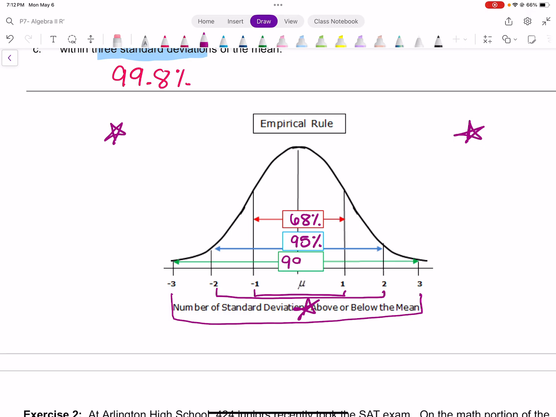This one rounds to 99.7%. I don't know why they cut off just that little 0.1, but that's the way they do the rounding for the regions. So this is what we call the empirical rule. These are the percents that all of our data falls between. These are the percents that we're going to use for the regions and for all of our questions.